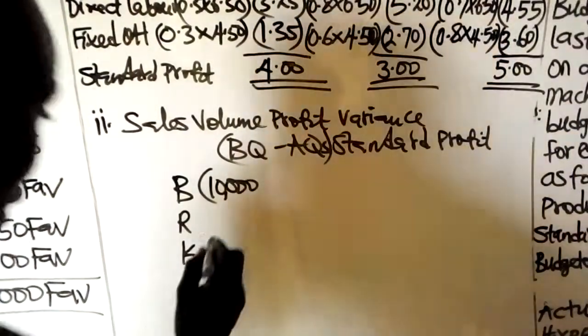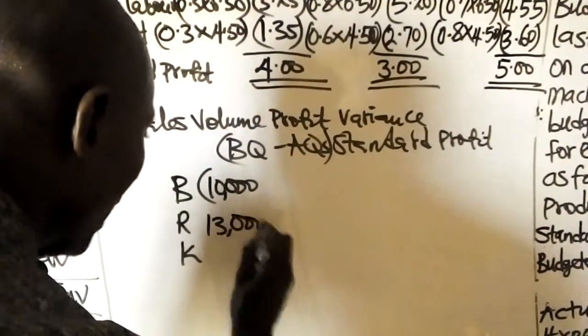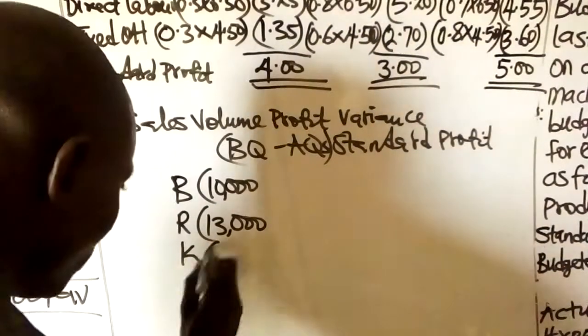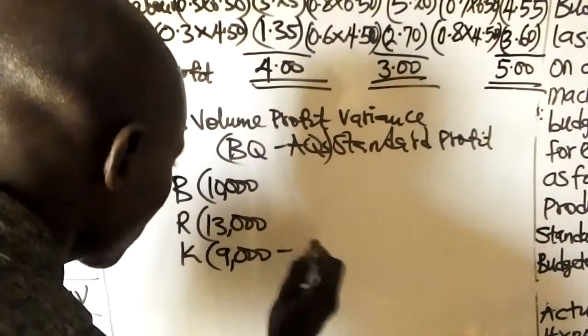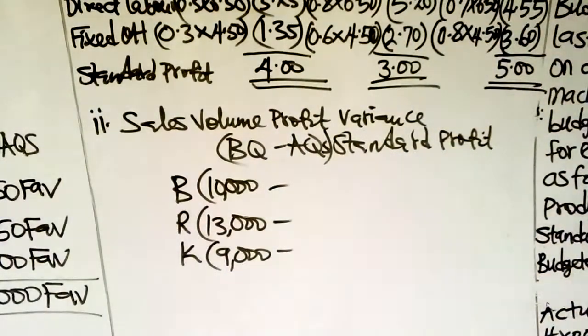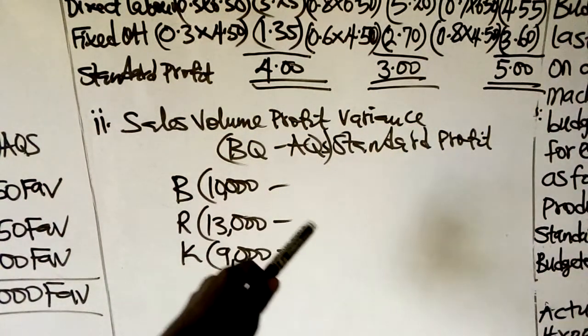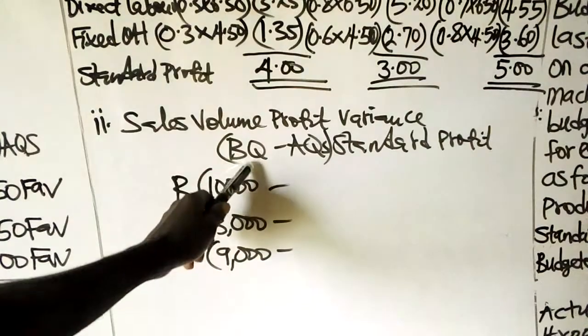For R, 13,000 units. And K, we have 9,000 units. That is the budgeted production, that is our budgeted quantity.